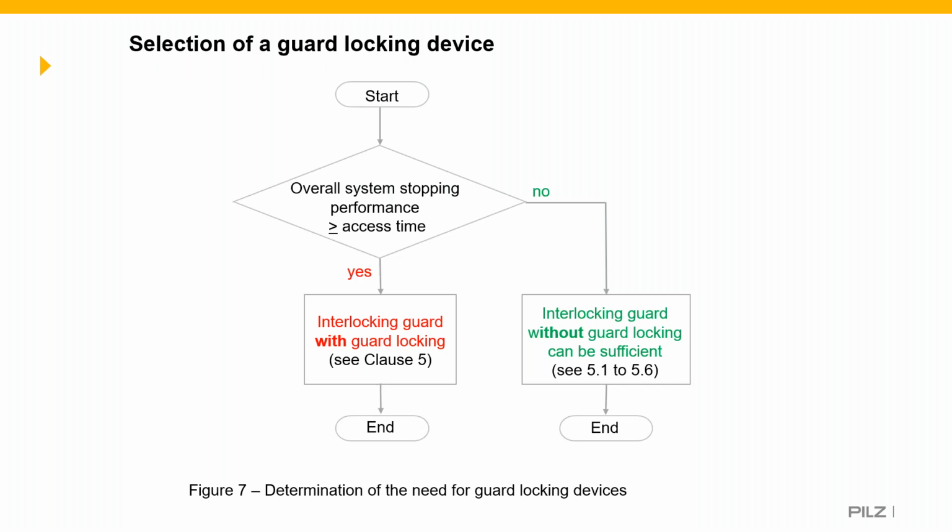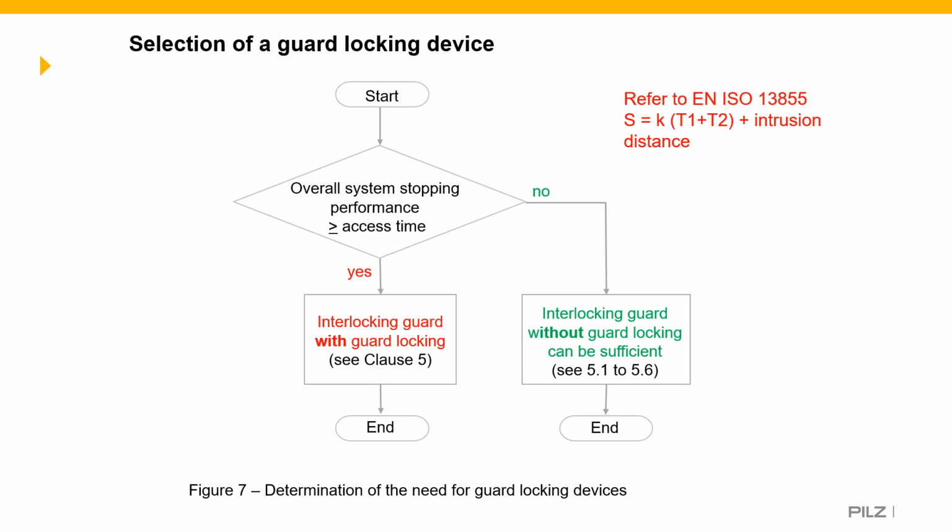So if we look at the flow chart for the overall stopping performance and access time, and we'll refer to 13855 for this. If the overall stopping performance is less than the access time, then that means that we can use an interlocking guard without guard locking.